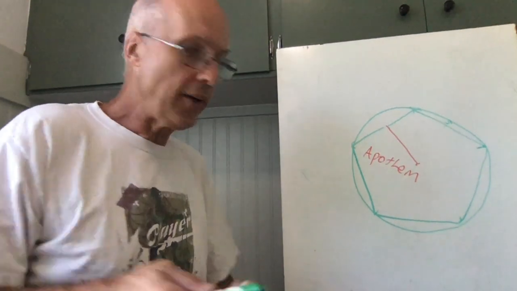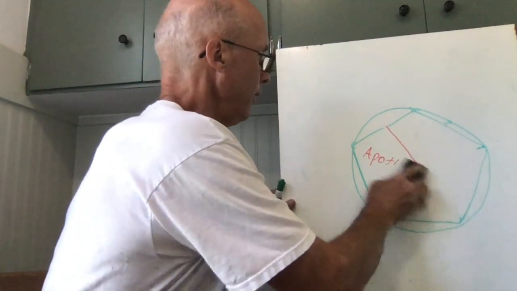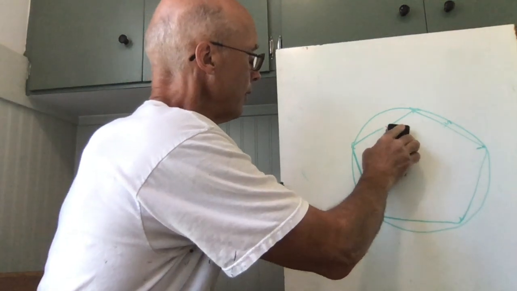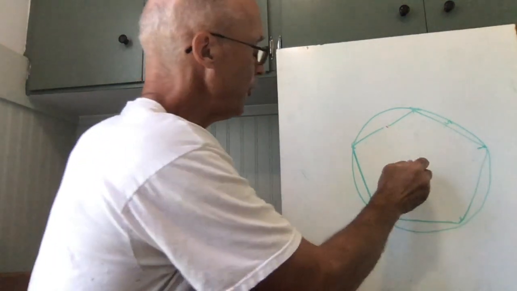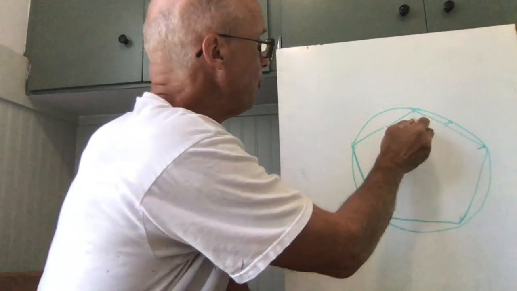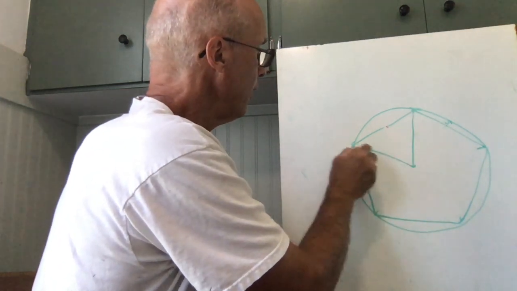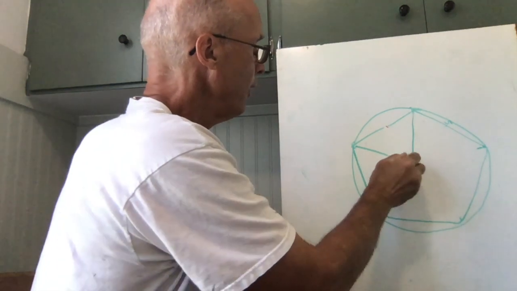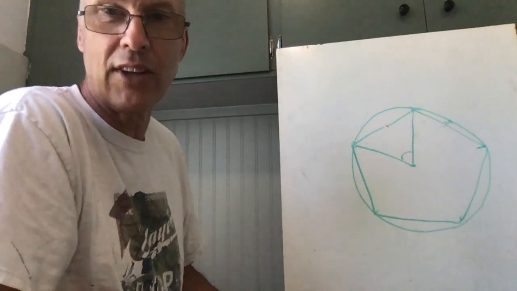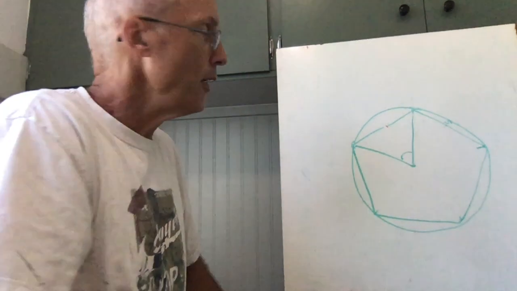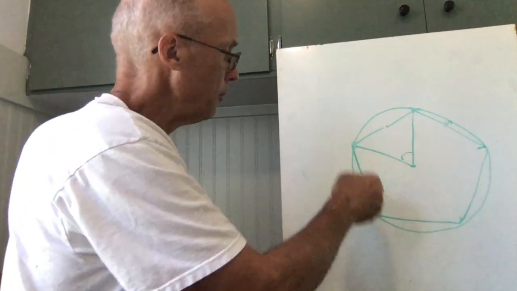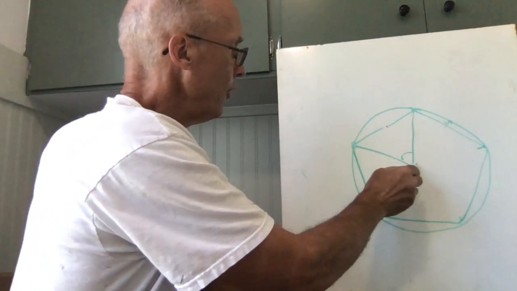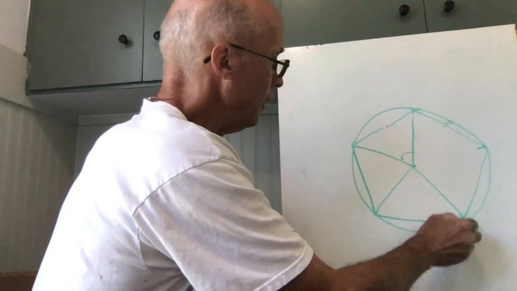The central angle is from the center out to consecutive vertices. There's going to be a certain angle there, and that's called the central angle. If we have a pentagon, there's going to be 5 of these.